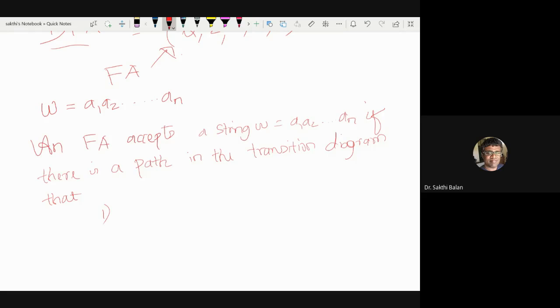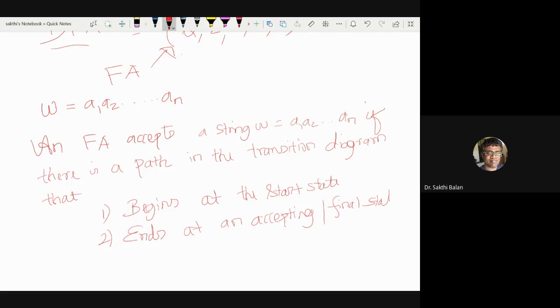One is it begins at the start state, ends at an accepting state or final state. Any final state is also called an accepting state.